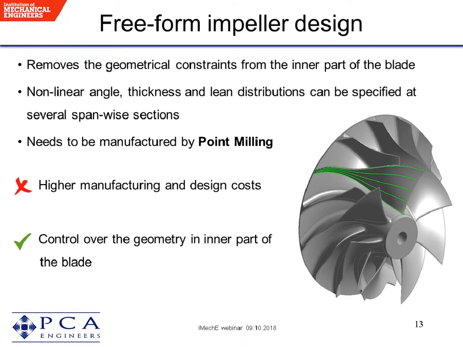However, the blade now needs to be manufactured by point milling, which results in higher manufacturing costs and also higher design costs. Another advantage of freeform design is that it also allows more complex 3D design concepts, such as leading edge sweep, to be easily implemented in the design.